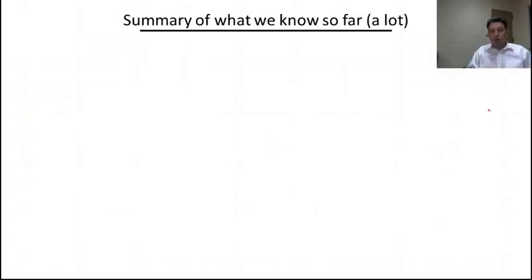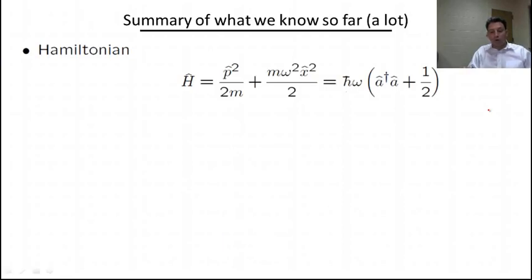which is actually a lot. So, first of all, we found a way to represent the harmonic oscillator Hamiltonian in this compact form in terms of these creation and annihilation operators here.